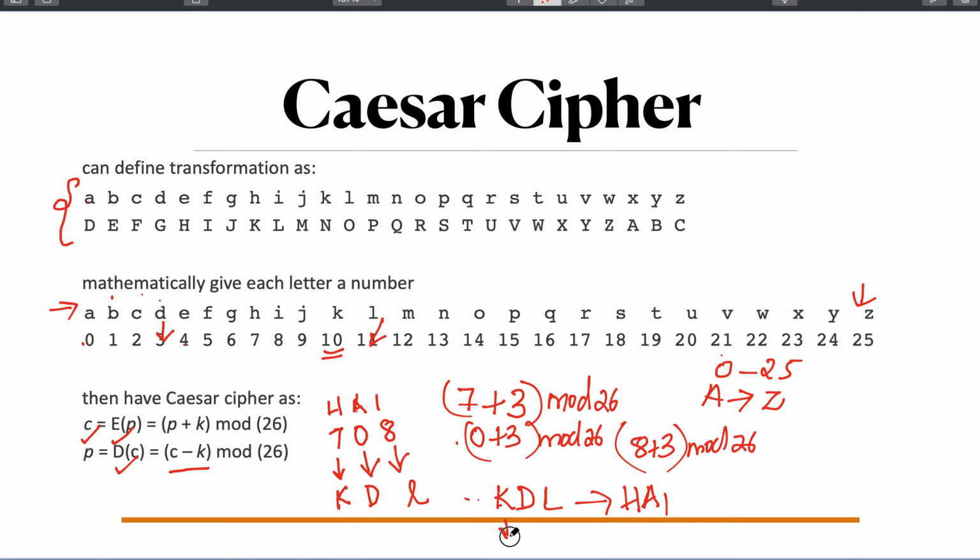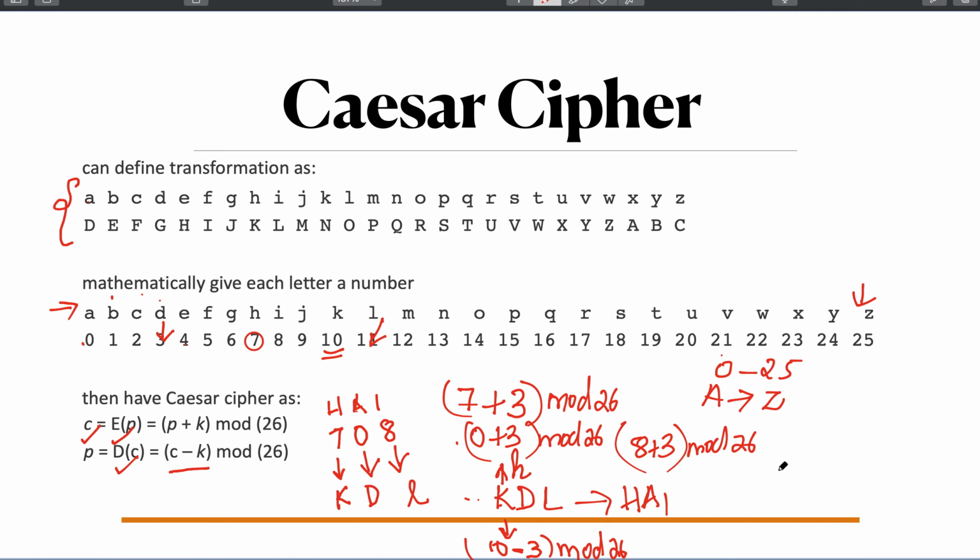K is 10, right? Now you have to subtract 3 from 10. So 10 minus 3 mod 26 is 7 mod 26, so it is 7. The letter corresponding to the number 7 is H, right? So K is replaced by H.